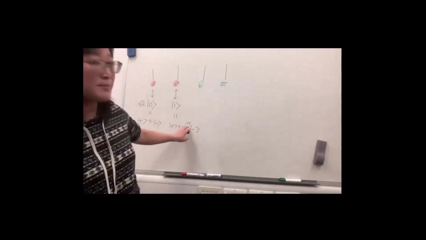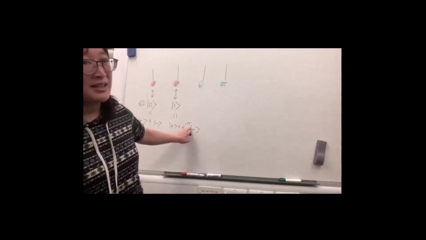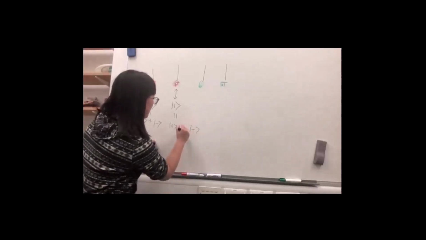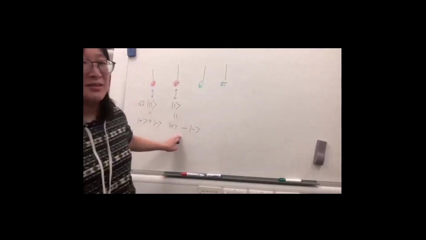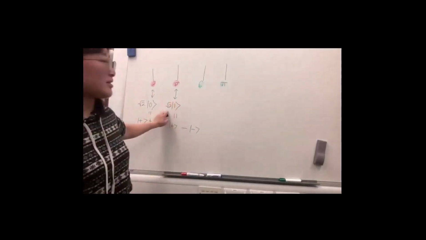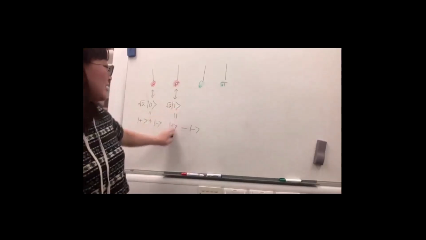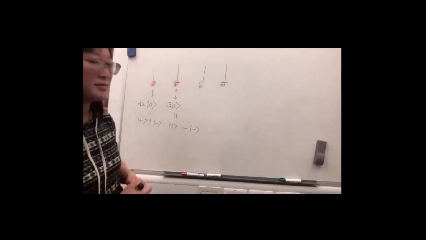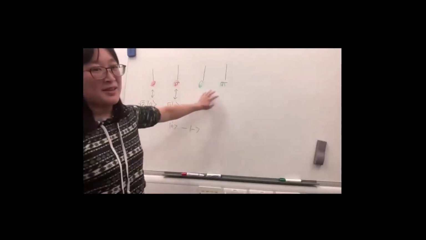And now alpha is pi, so e to the i pi is just -1. So it's equal to square root of 2 times ket 1, which is equal to ket plus minus ket minus. Then we can do the same on the other two.